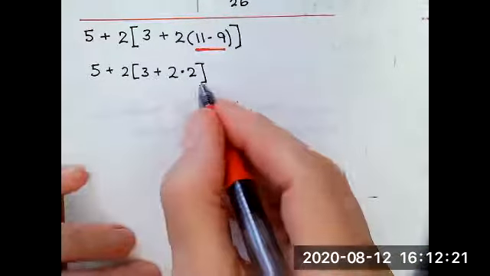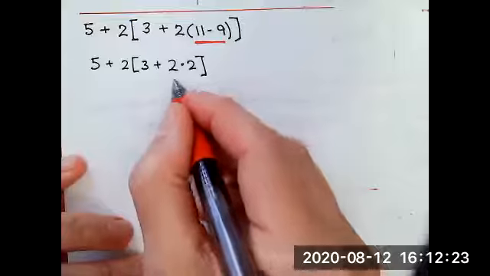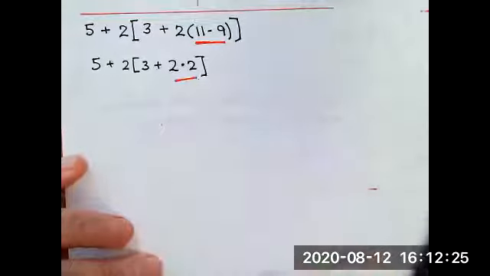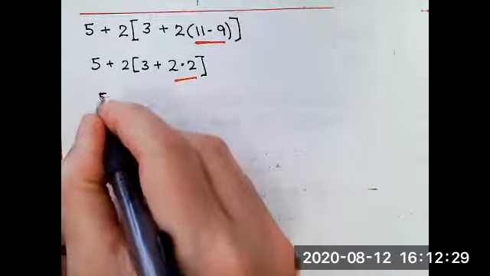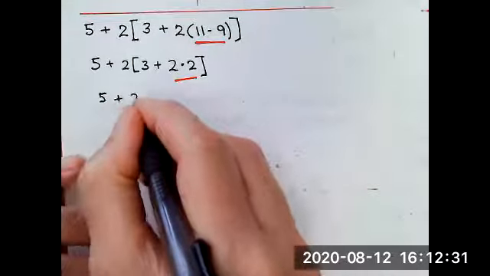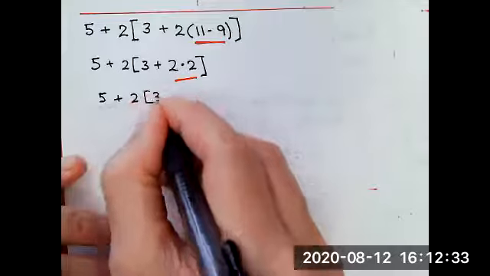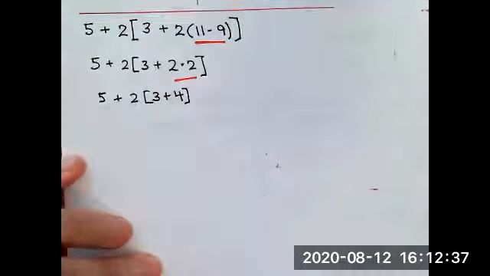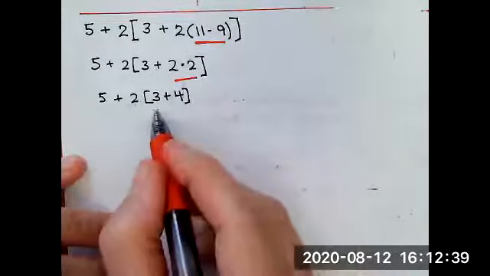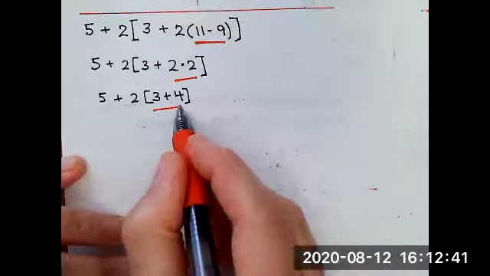We're still working inside the parentheses. So we'll multiply that. Still have an operation inside the parentheses.